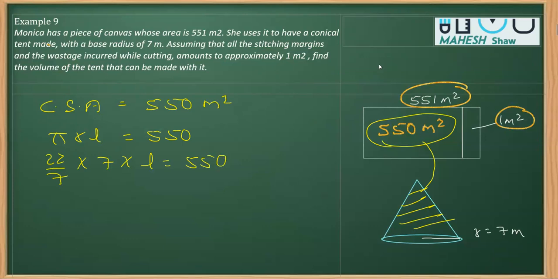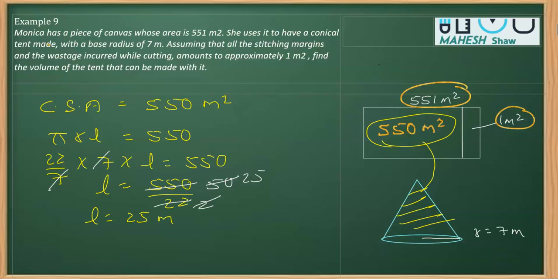As I can see, this 7 and 7 get cancelled. If I transpose this 22 to the other side, it will be divided. So it's 11, 2 times 11, 50 times. Further, I can continue to reduce and we get the slant height l, which is 25 meter.